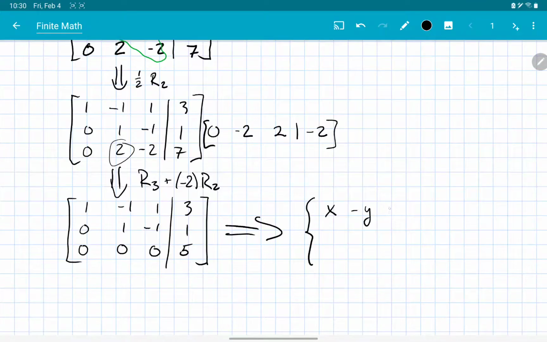We have x minus y plus z equals 3. We have y minus z equals 1. And we have 0 equals 5. Right? We have no x's, no y's, and no z's on the left-hand side for the third row. So if we wanted to write this down as an equation again, it's this system of equations. Can this system have a solution? Well, no, because this is something which is plainly false. 0 is not 5.